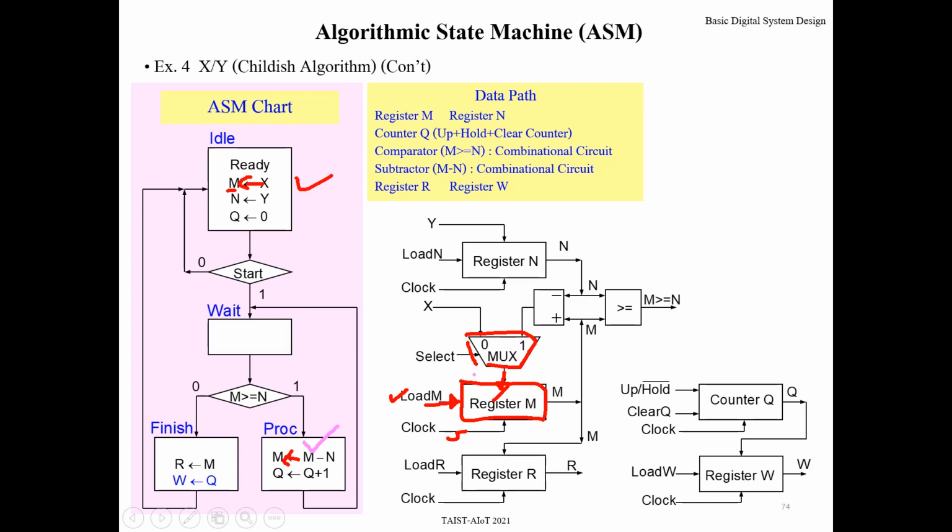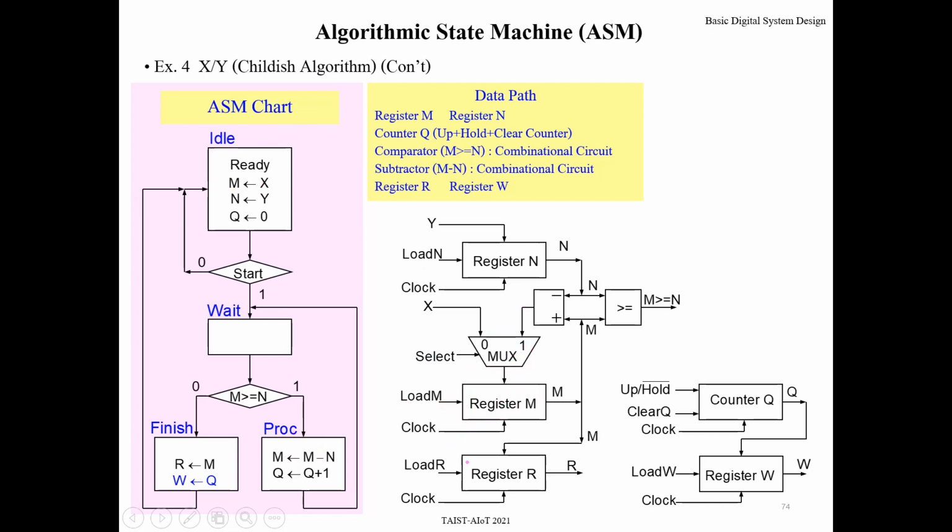Okay, use multiplexer. Namely, at this state idle, the value of select should be 0, right? Okay, to feed data from x to register. And at state process, select signal should be 1. Okay, to feed data from subtractor to register.